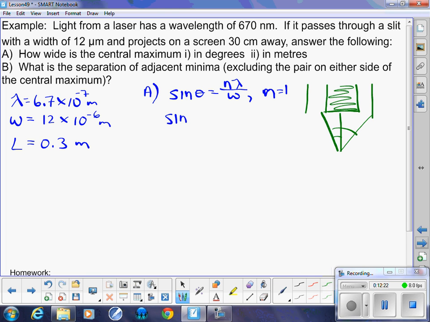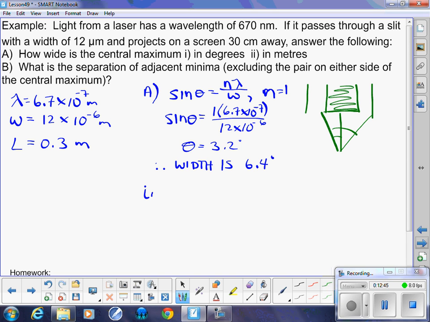So sine theta equals 1 multiplied by the 6.7 times 10 to the negative 7 over 12 times 10 to the negative 6. So we find that theta is 3.2 degrees. Therefore, width is 6.4 degrees.